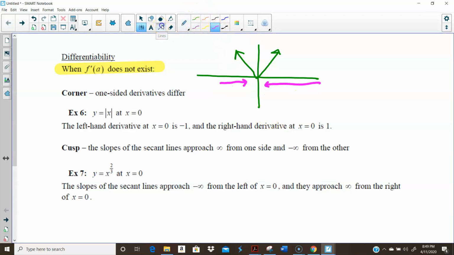Well, the reason why this doesn't work is because I could find the slope of this line, and I could find the slope of this line, and you can see that the slopes are different. Because of that, there's not just one solution, and so there's no derivative for example 6. So no derivatives at corners of functions.